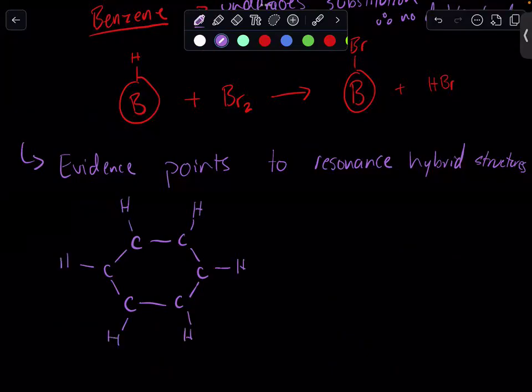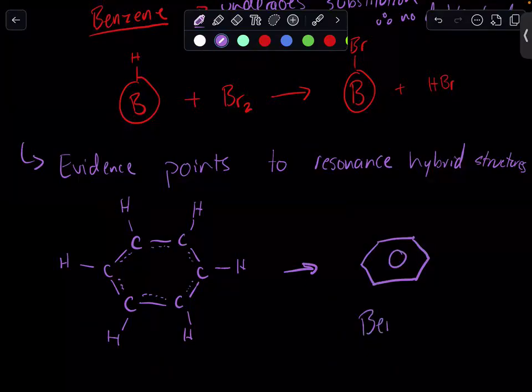And then we're going to use dotted lines where these double bonds would exist in the resonance structures. Now, what you may notice is this took forever to draw, so we actually just represent benzene much more simply as this hexagon with a circle in it. This also just generally means benzene.